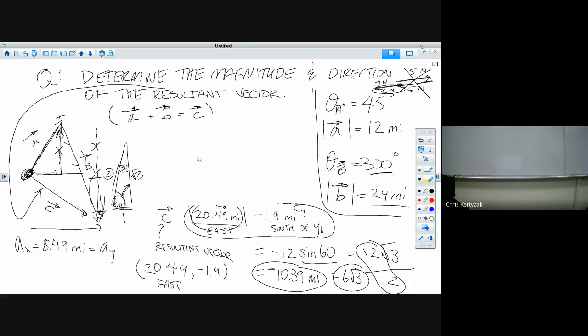And in our picture, we know that the resultant vector has a lot of x component to it, because this was 20.49 miles. Remember, this is Cx right here, 20.49. And then Cy was down just a little bit, south just a little bit by a couple miles.